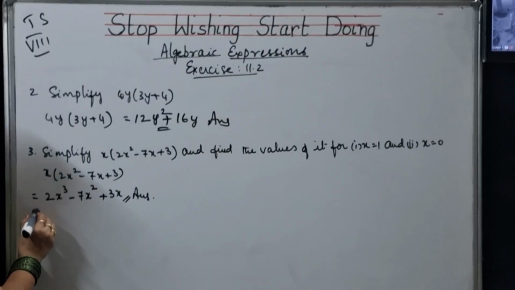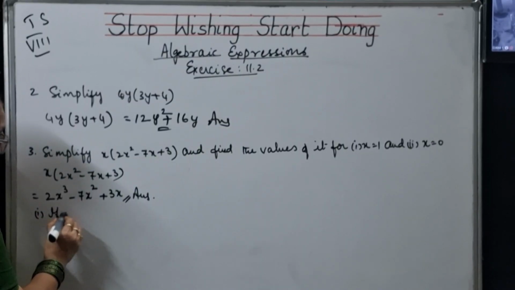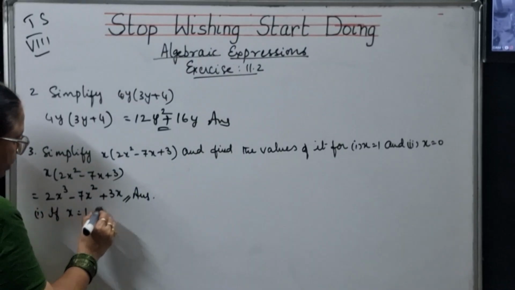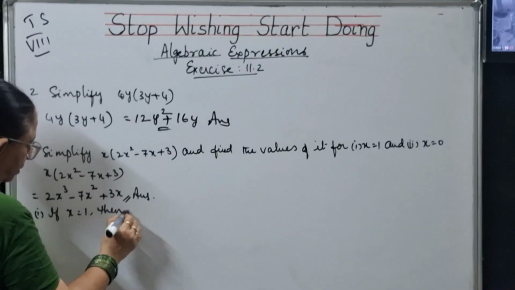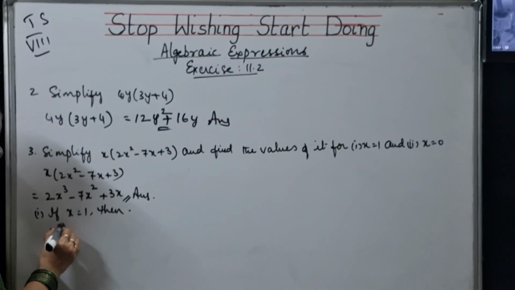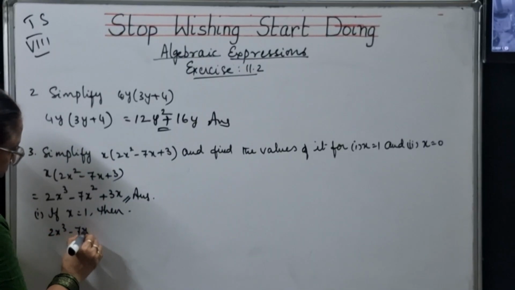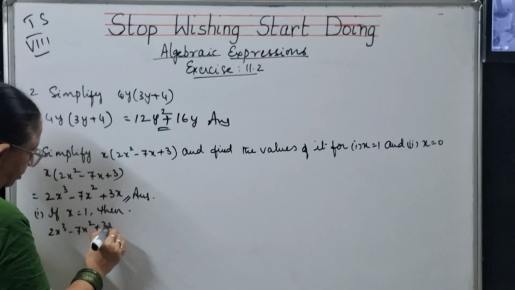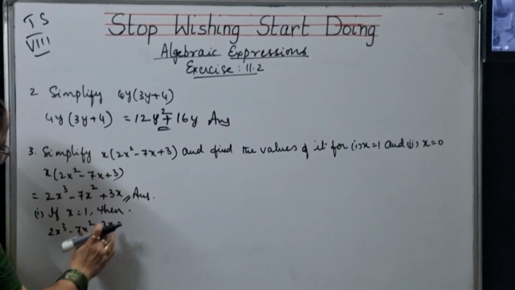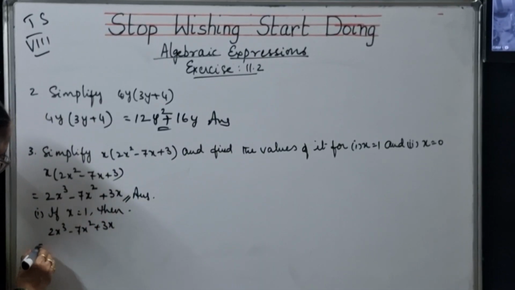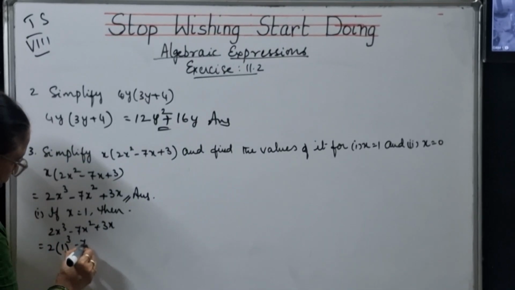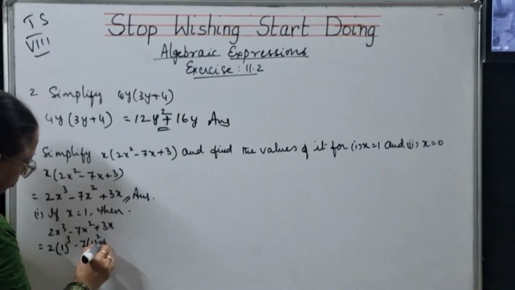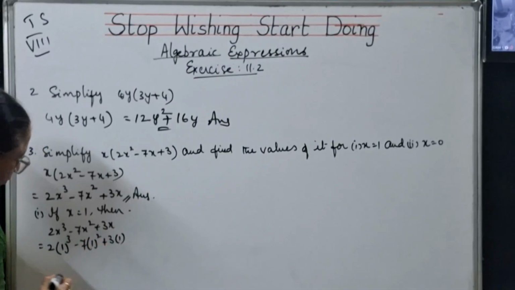And second one, if x is equal to 1, then 2x cube minus 7x square plus 3x will be equal to, I'll write it below so that it is convenient for you to understand. In the place of x, I'll write 1: 2 into 1 cube minus 7 into 1 square plus 3 into 1.